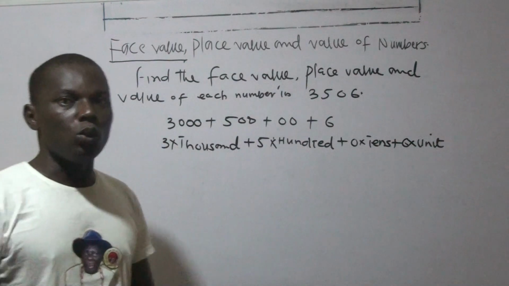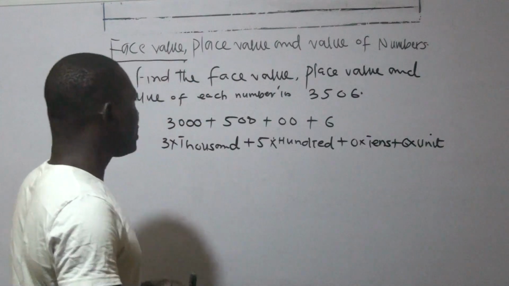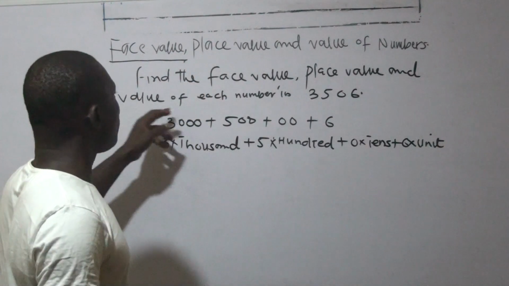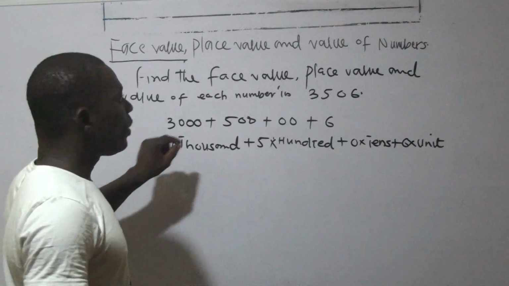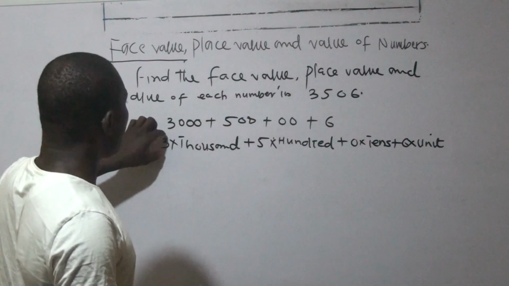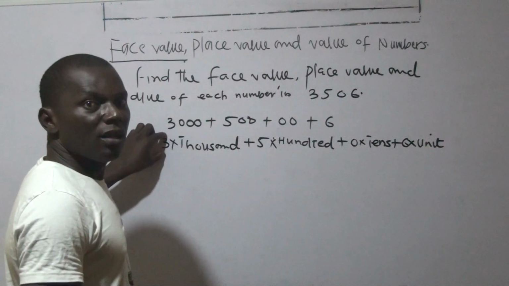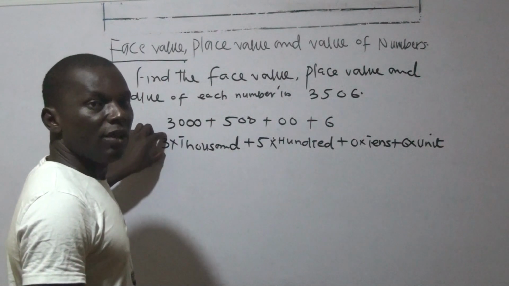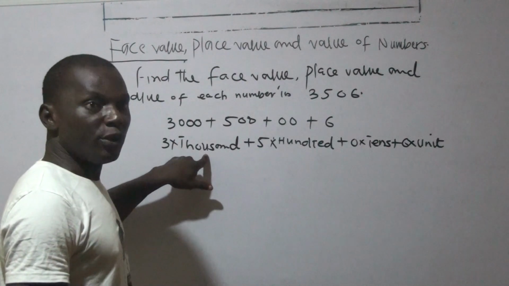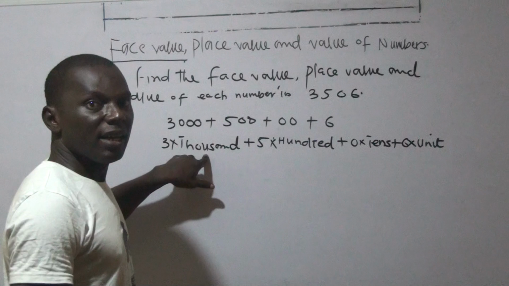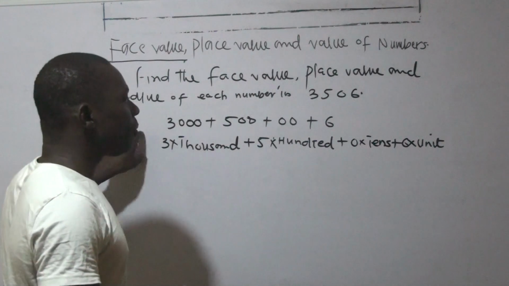This will enable us to establish this fact. Now if I ask what is the face value of 3 here, it's just 3. The face value is the number that multiplies the position, the number in that position.